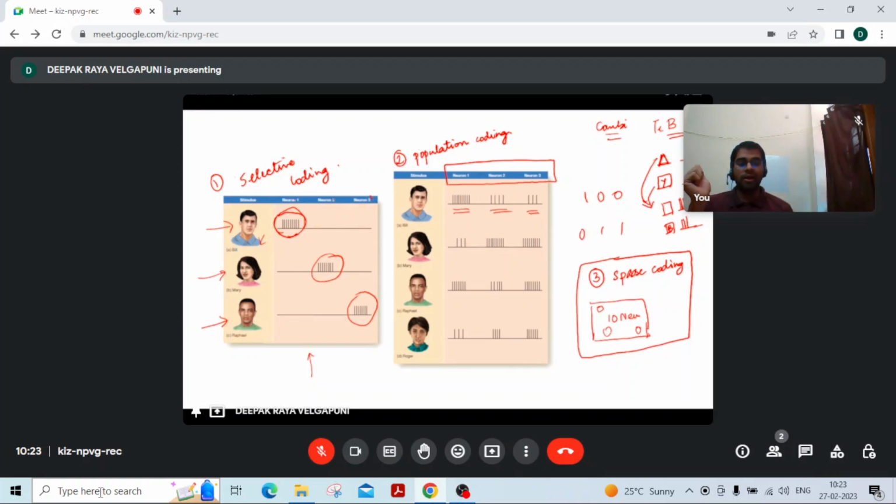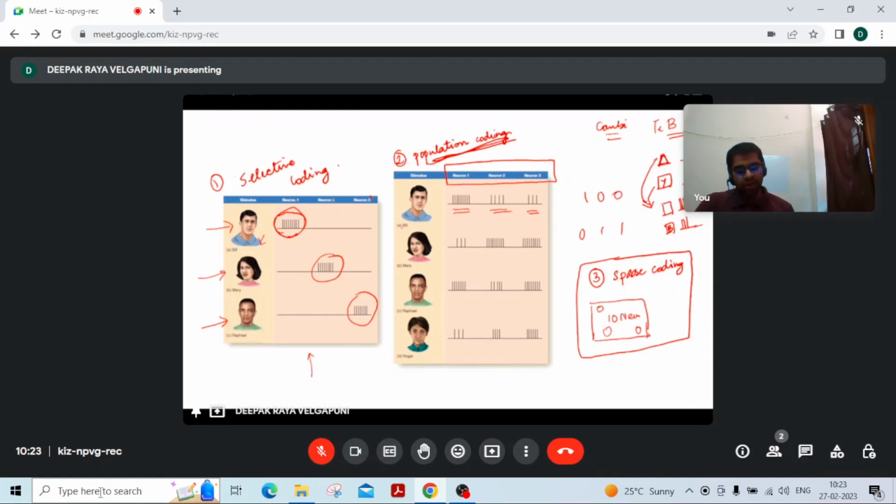So a better version of representation is something called population coding, where the information for a particular object is represented in a population of neurons. It's also called distributed coding, so distributed across all the neurons in a particular population.